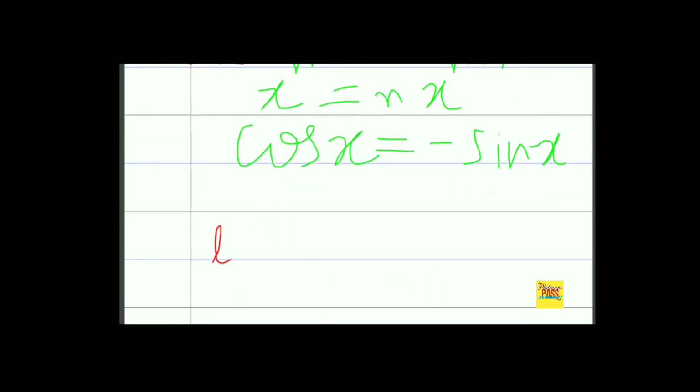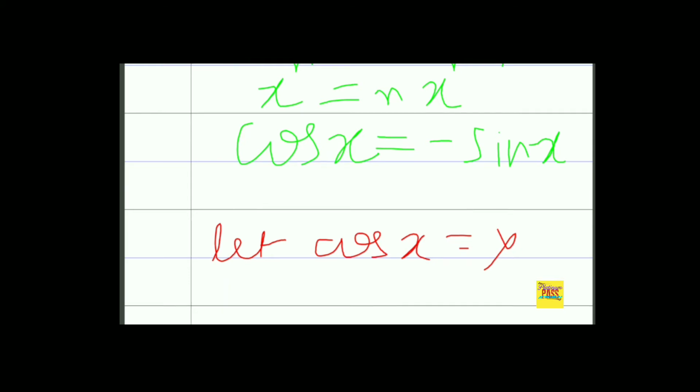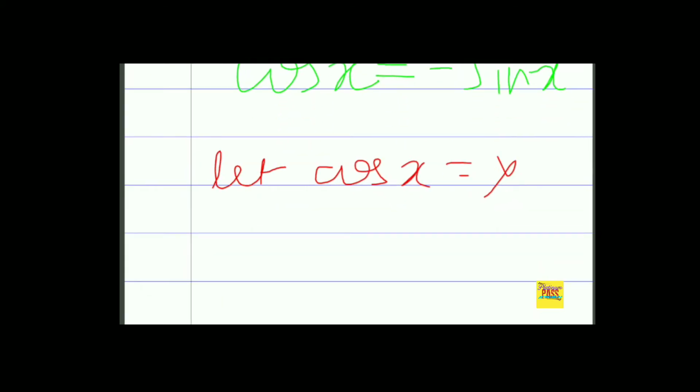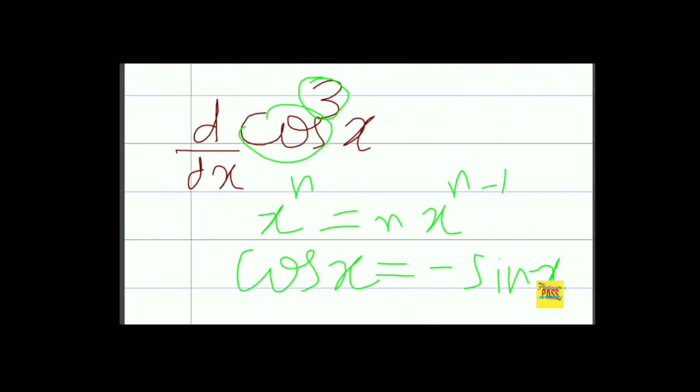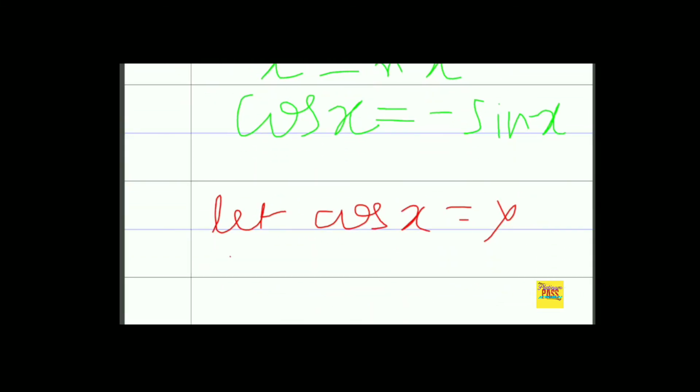Now first of all, we will let cos x be y. Then we get y raised to cube, and the differentiation of y cube.